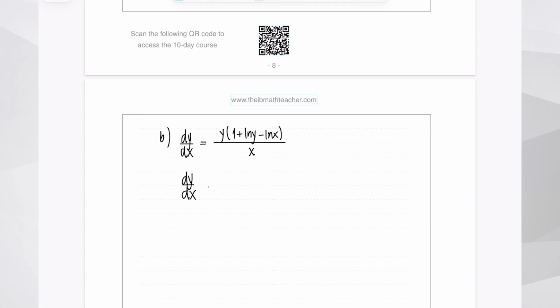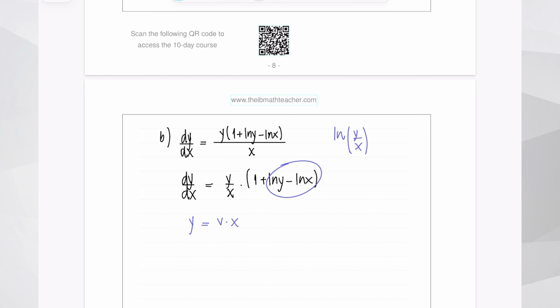All right, so let's solve this algebraically. We have a y over x here, which points towards facing this as a homogeneous differential equation, but let's see if that's actually the case. We can definitely rewrite this as y over x times 1 plus ln of y minus ln of x. And this can be rewritten as ln of y over x.